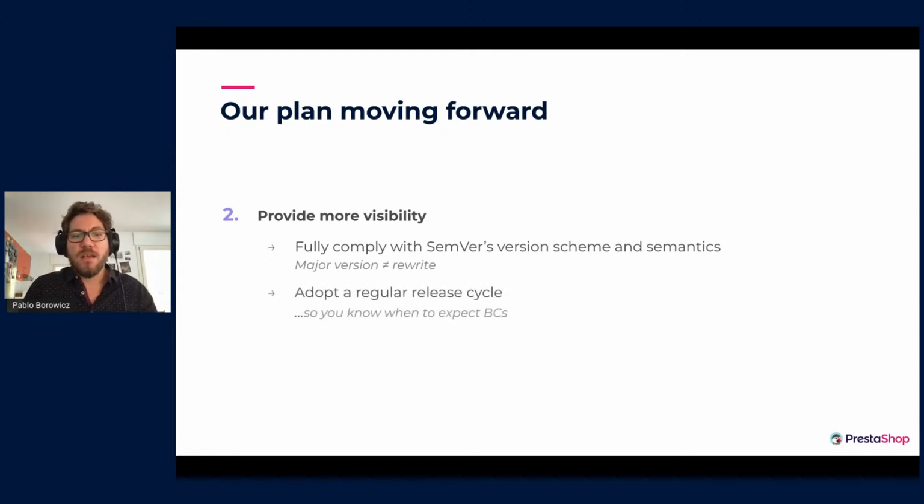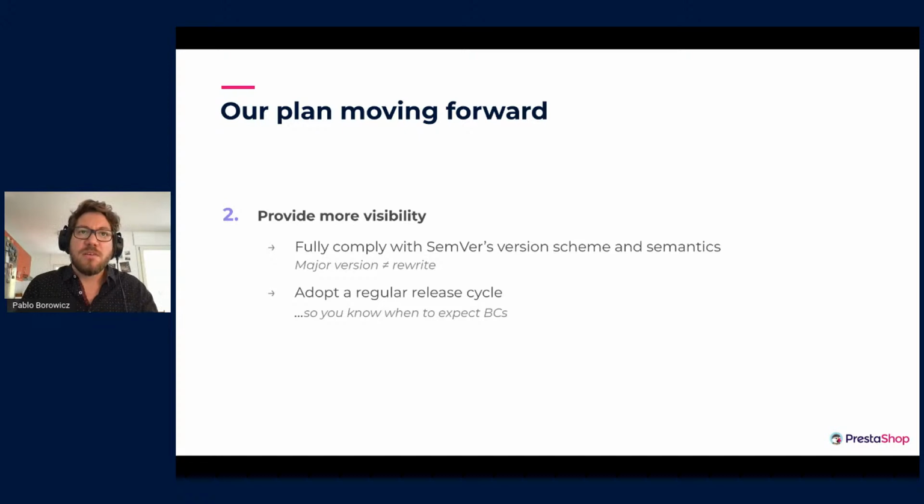That's all. We want to adopt a regular release cycle so that we can provide more visibility into where and when we are going to be releasing new versions, and what kind of changes you can expect in those releases.